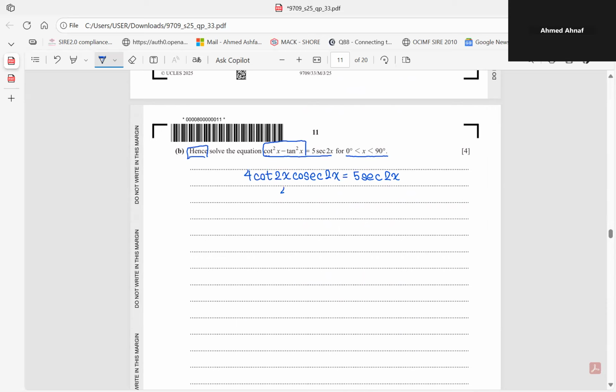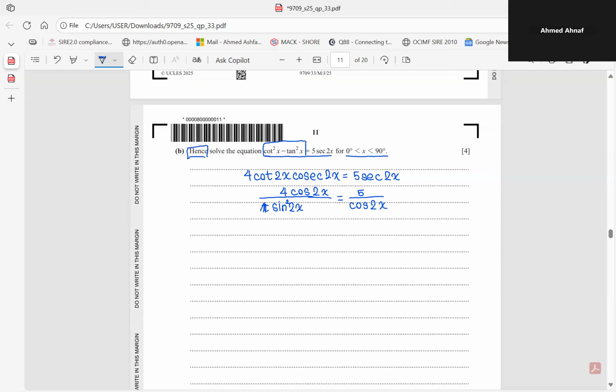So cotangent 2x is cosine 2x per sine 2x. And then cosecant 2x is 1 over sine 2x, so sine 2x and sine 2x is just sine squared 2x. This is equal to 5 over cosine 2x.